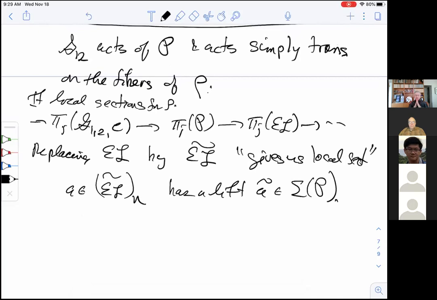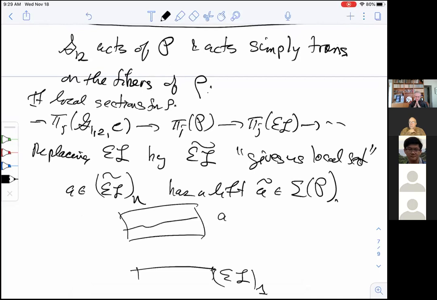Here's P, here's EL, here's a path in EL, an element in EL1, and we have a cross section, A tilde, that projects down to this.